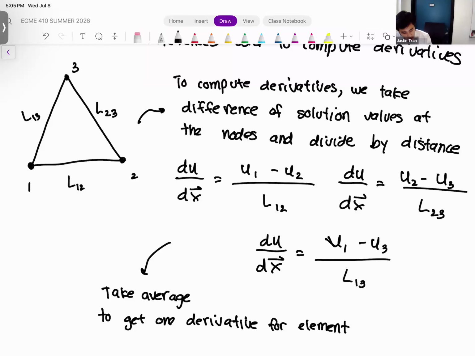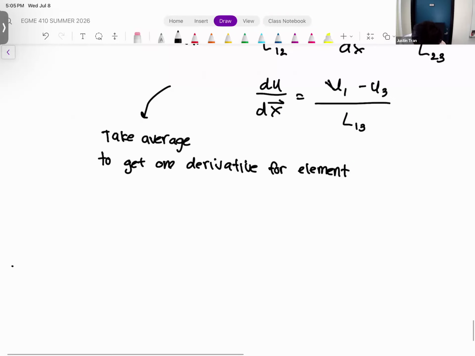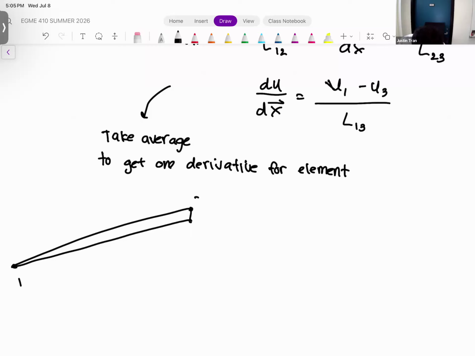Okay? If we compare that to a skewed element, right? So let's go ahead and look at a skewed element like this. Right, and then once again, we're going to write in the lengths here. Now, with a skewed element here, our lengths are very imbalanced, right?